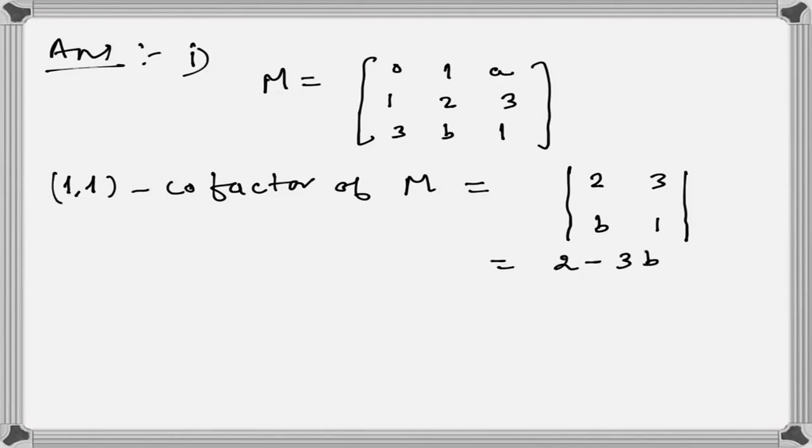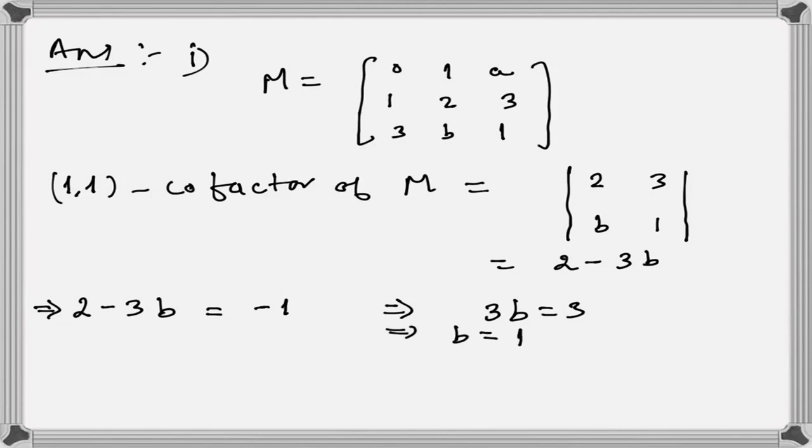Since we know the adjoint of M, 2 minus 3b should be equal to the 1 1 entry of adjoint M, which is minus 1. So this implies 3b is equal to 3, implies b is equal to 1. So b we have obtained.